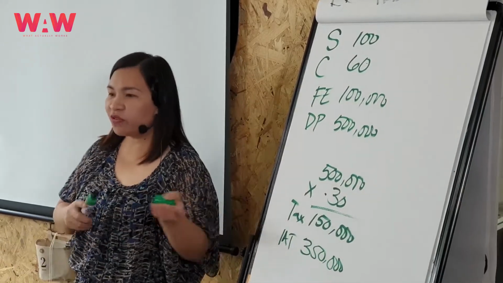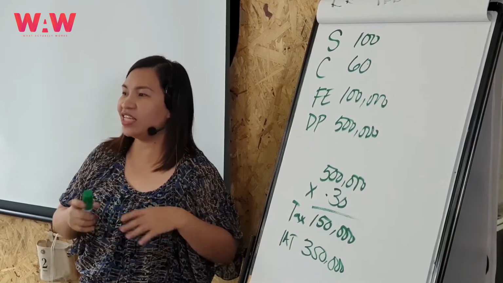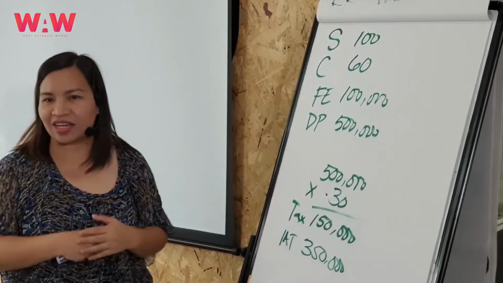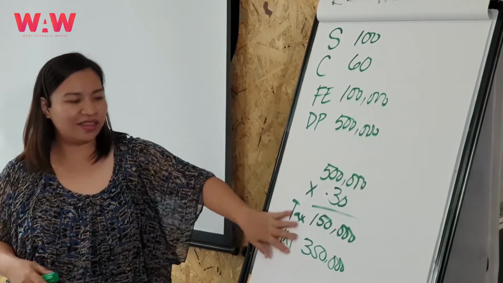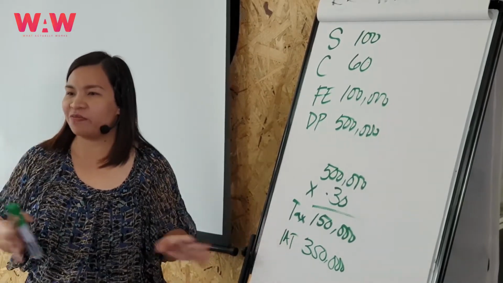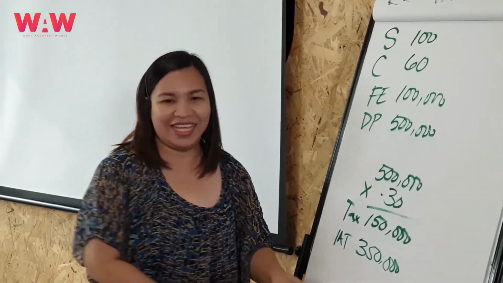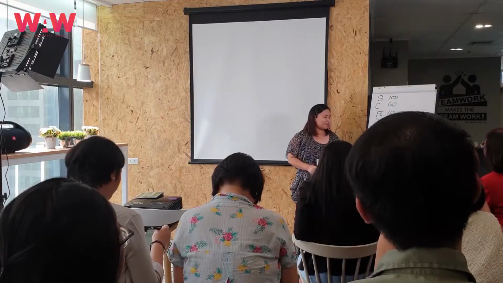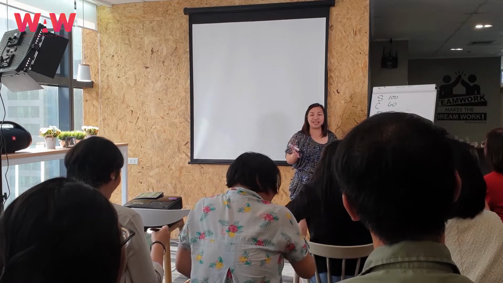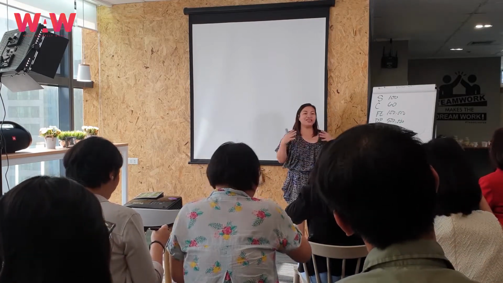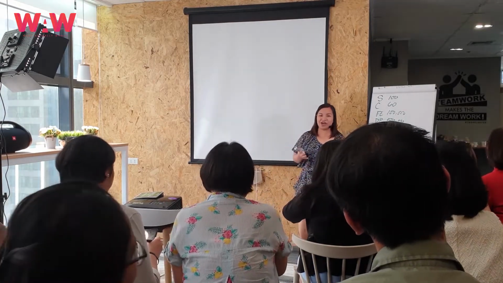Now, if you're going to reverse the situation, let's say, for example, you don't know how to compute tax, but you want a desired profit net of tax. So let's change the figures to make it more exciting. Let's say you want 500,000, but the 500,000 is net of tax.